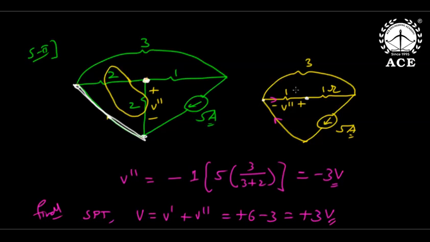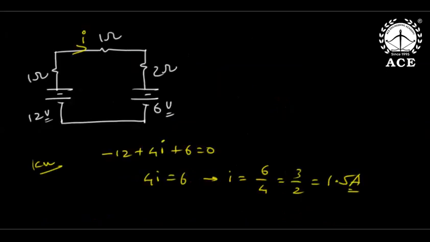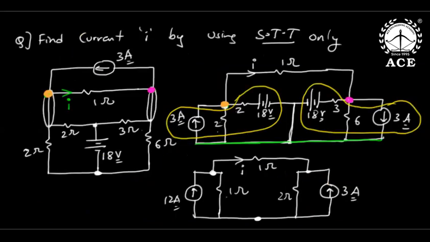Sir, in the previous example, the source transformation, that is 18 volt. Let's suppose the downward node potential is 0 volt. Then when we are short circuiting, the potential is also 0 volt, because it is the same node I am taking as reference. So this entire thing is the reference.